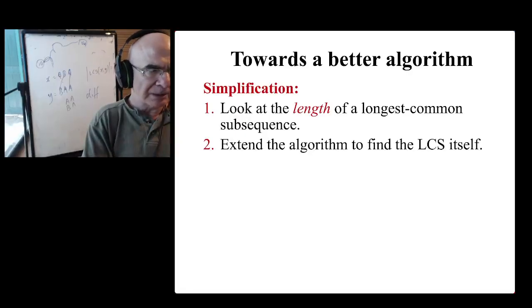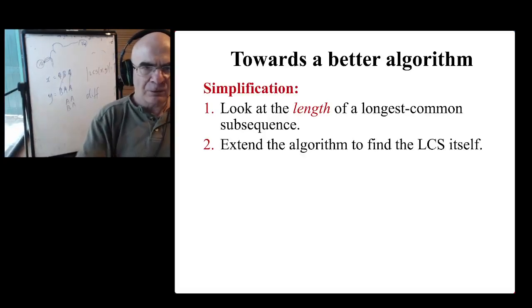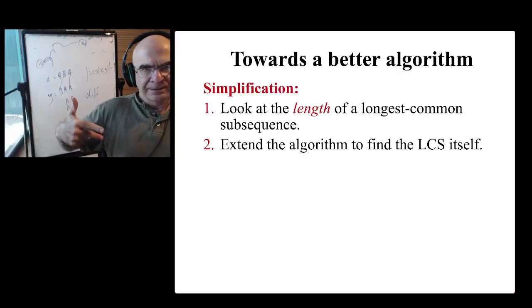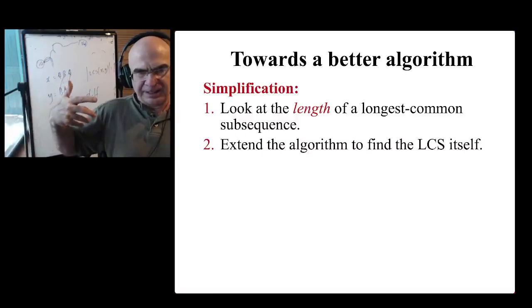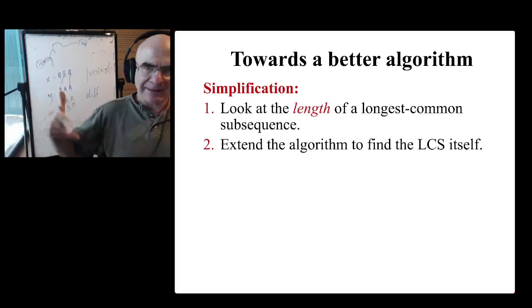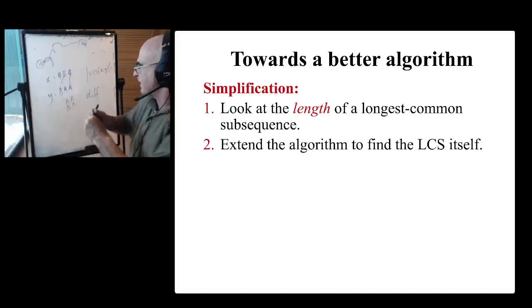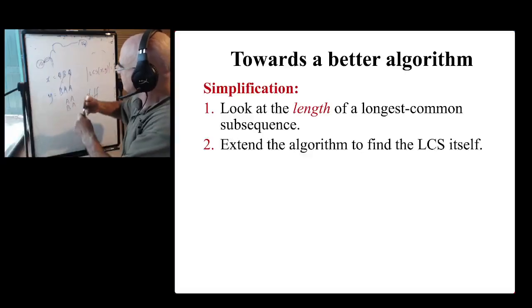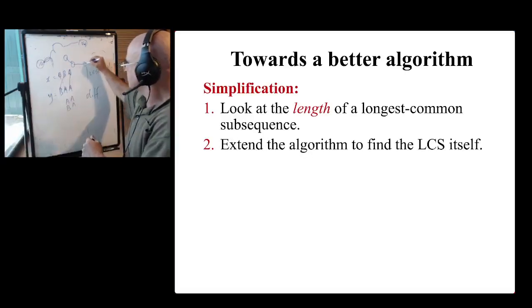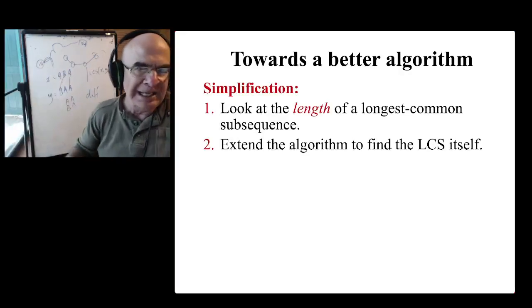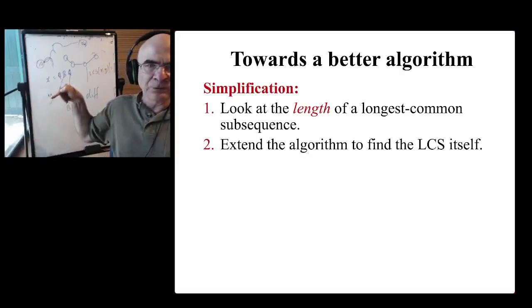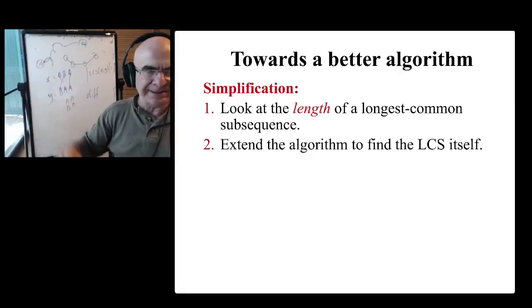To get into a better algorithm, we first do the same mental tricks that we did in the case of Dijkstra. Dijkstra is looking for the shortest path, but if one vertex needs to tell another vertex about a path that leads to it, the path consists of this vertex and this vertex and this vertex, and there is a lot of information when I'm describing the whole path as a set of driving instructions of which vertices I have to go through.